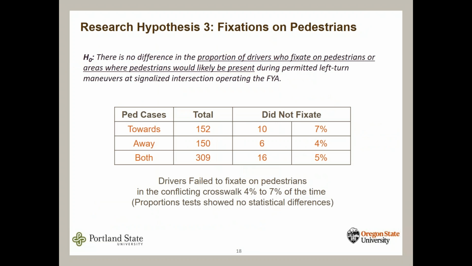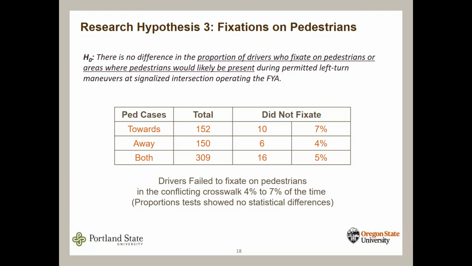The third question that we embedded in the investigation was asking, did the drivers detect the presence of the pedestrian? Did they fixate on those conflicting pedestrians in the conflicting crosswalk? And so we break down the number of exposures, and we see that between 4 to 7% of the time, our left-turning vehicles did not fixate on any of the pedestrians in the conflicting crosswalk.